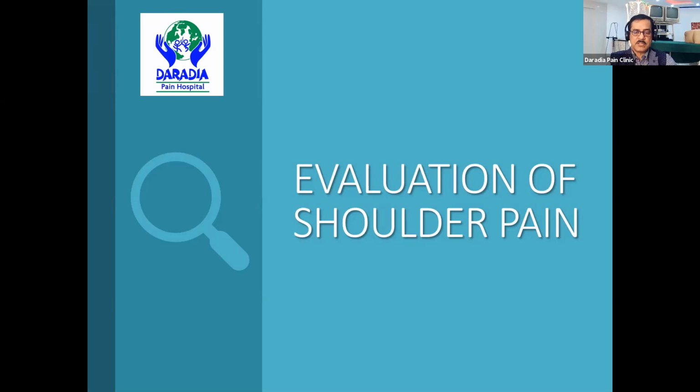In the history of present illness, we assess the quantity or severity of the pain, then the quality of the pain, then aggravating factors, relieving factors, then diurnal variations. All these, radiations, chronicity, are in the history of present illness.